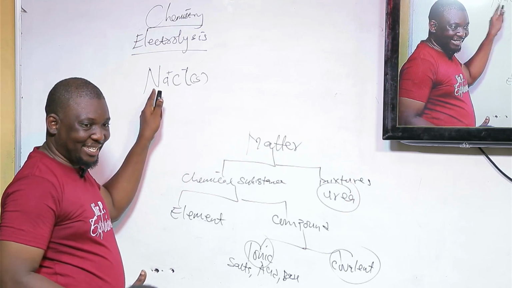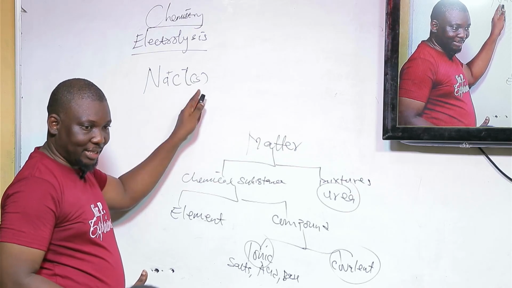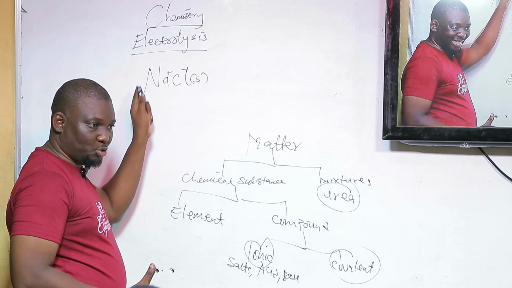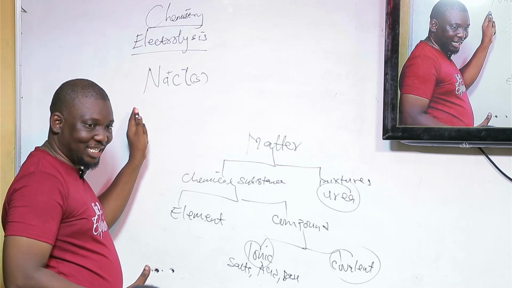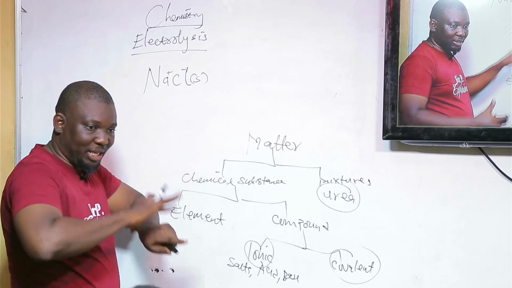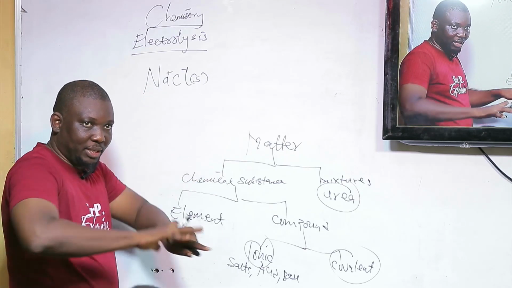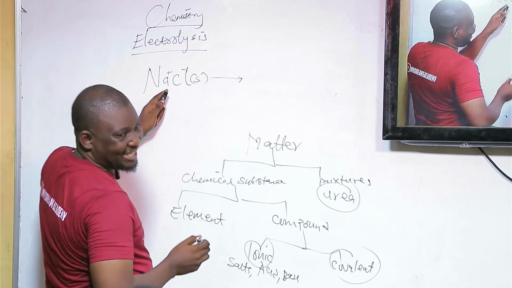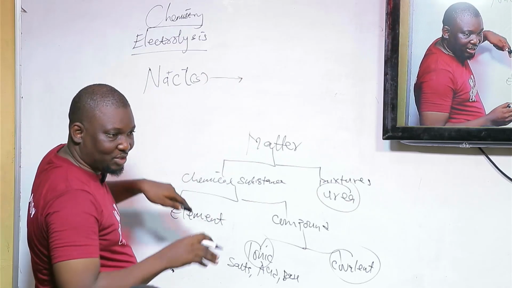But when it is molten, it's melted at a particular temperature. When water is added to it, in hydrated form, this is going to what? Split. When it is in interaction with water, it is going to split.